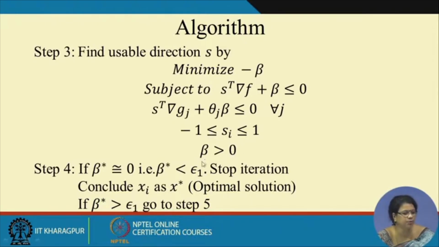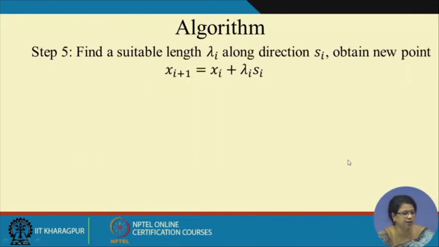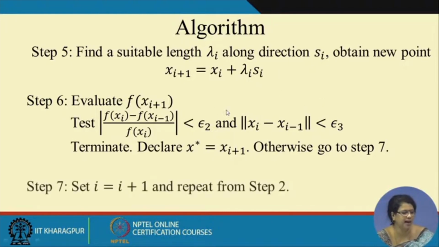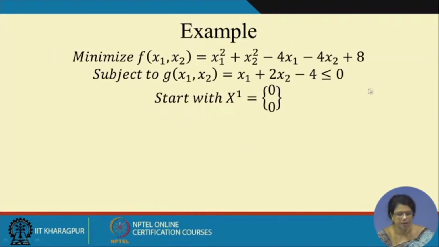Otherwise, we will move to the next. We will proceed further and further, and we will find out the suitable, optimal step length. We will check for optimality and repeat the process, but I will show you the entire thing with this example, how we really do it.